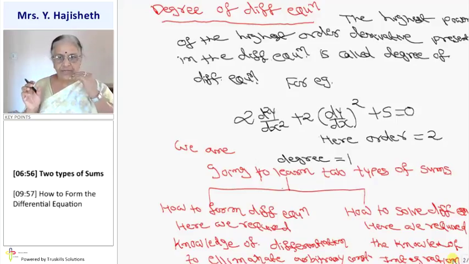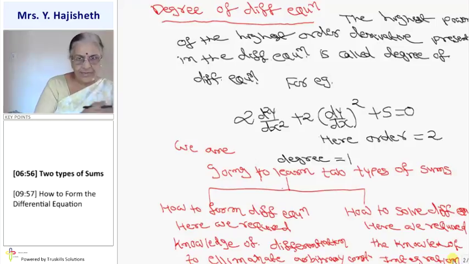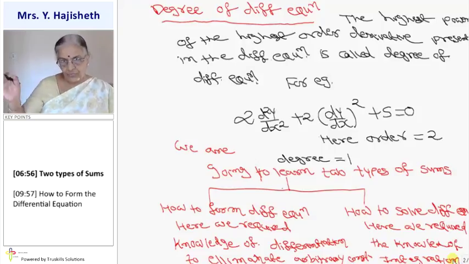When we integrate, we get a constant of integration, and we call it an arbitrary constant. So in one we eliminate the arbitrary constant, and in the other we eliminate the derivative.